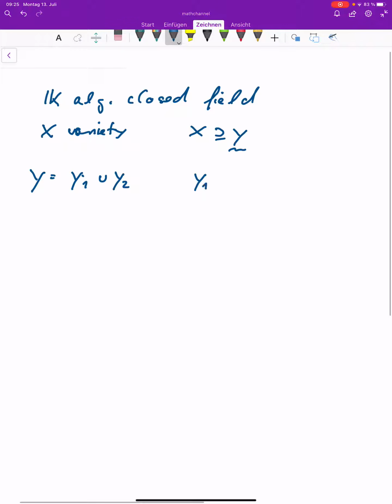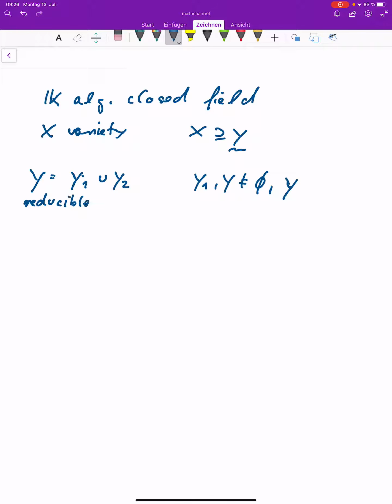So Y1, Y2 are both unequal to the empty set, and also unequal to Y. So this is the notion of reducibility.